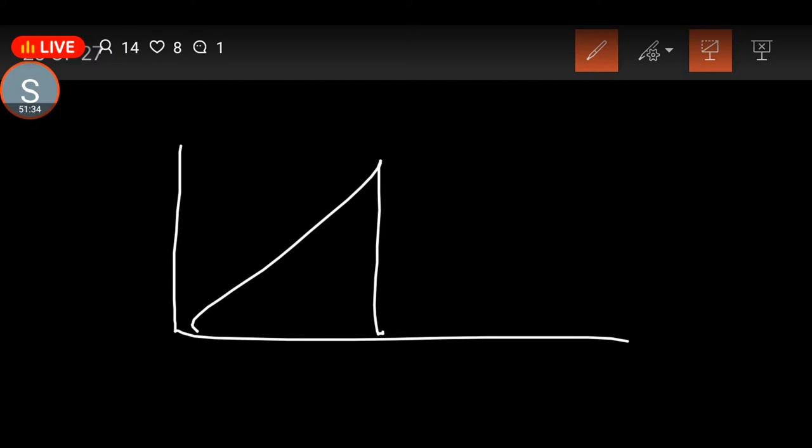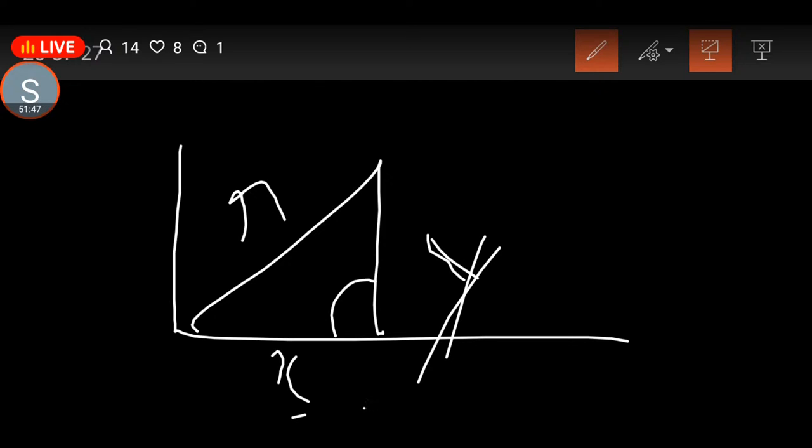Let's take this as r, this as x, and this as y. Now this is the perpendicular, this is the hypotenuse, this is the base.